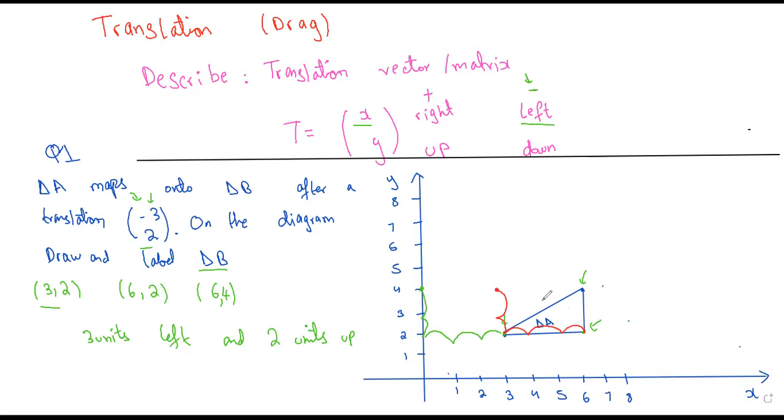So it would come here. Let me do the 2 units above properly, 1 and 2. So it would be here. Now I'm going to rub these just so it's neat and understandable.